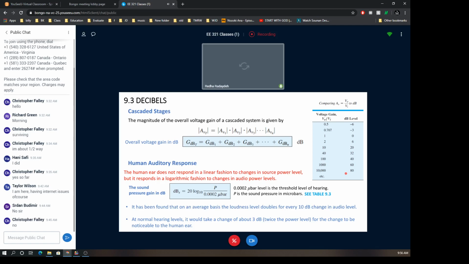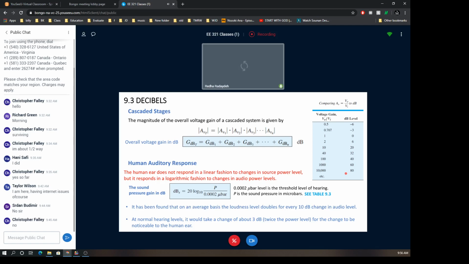This is not power, this is pressure, like a voltage signal. Log base 10 of the pressure P divided by a reference.